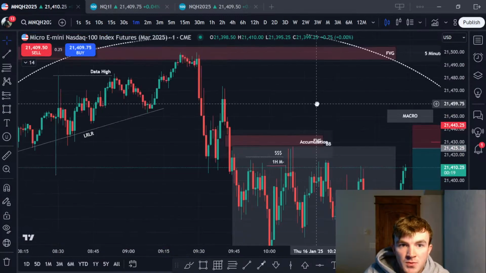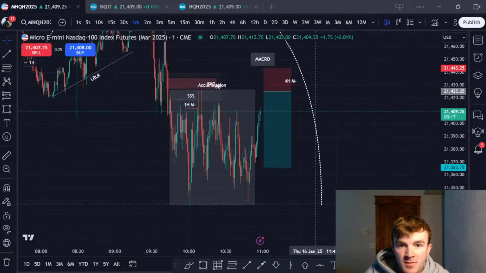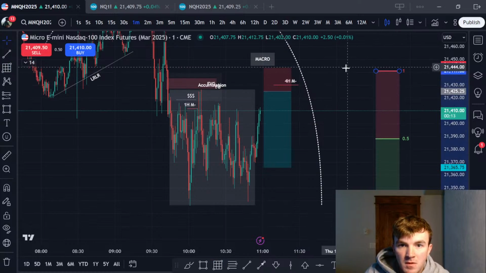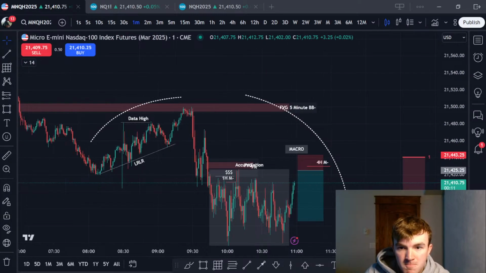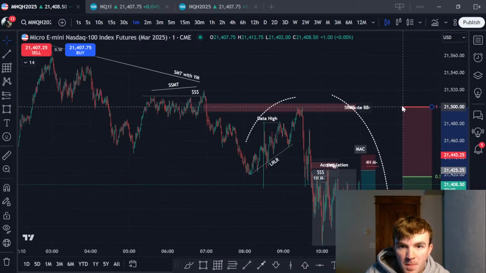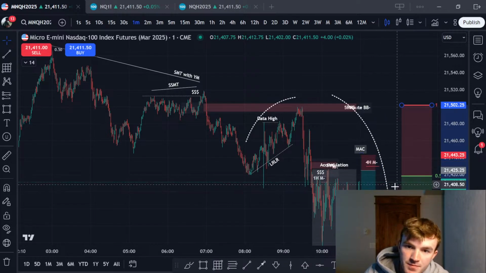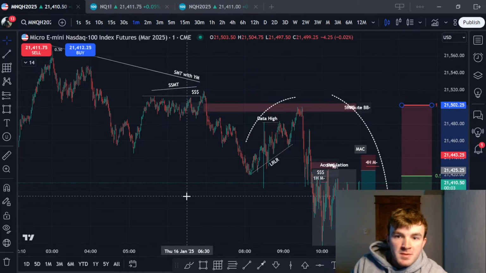And you'll know as well if I measure this out from premium to discount. Let's see. We would be tapping into premium of this range. Not bad.